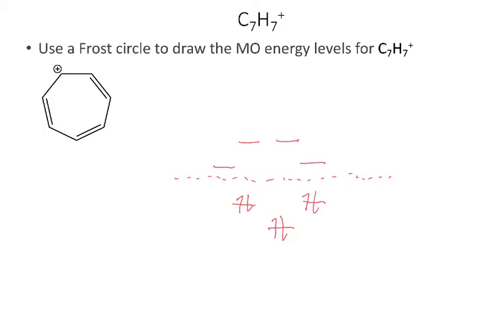And so this absolutely confirms what we said on the last slide. It meets the criteria for aromaticity, and we can confirm that with the Frost circle because, again, all of the pi electrons are in bonding molecular orbitals that are lower in energy than the atomic p orbitals. And we also have all closed electron configurations. There are no unpaired electrons.